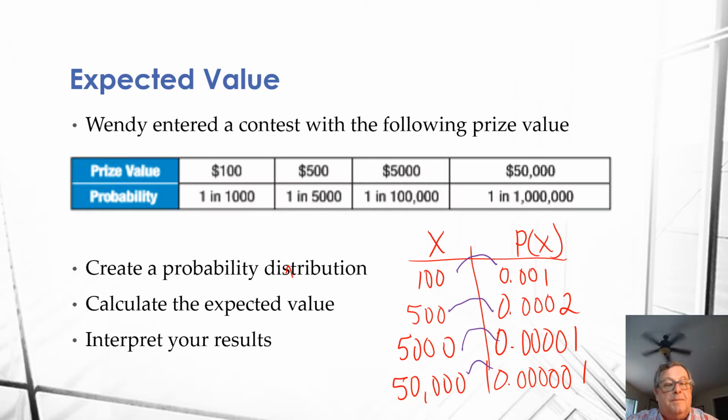Fortunately, we have a calculator that'll help us do the work. I'm going to create the probability distribution using the list, then do two variable statistics, and see exactly where this expected value is, and let the calculator work for us.